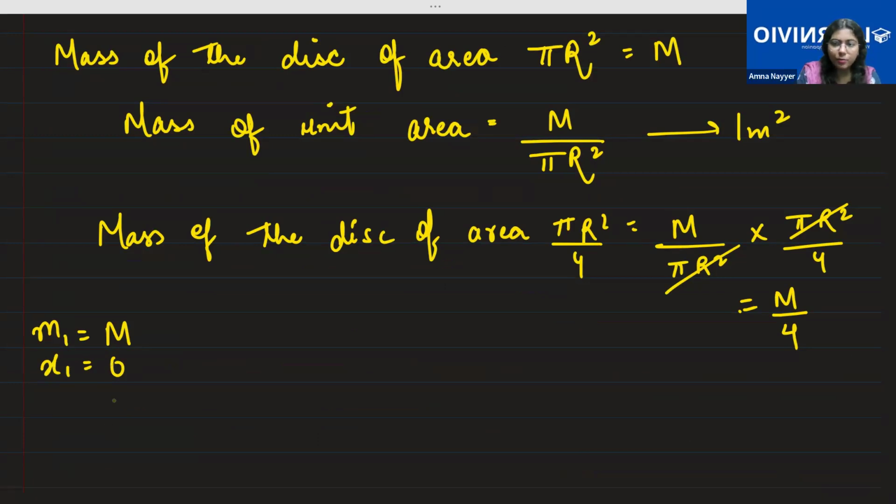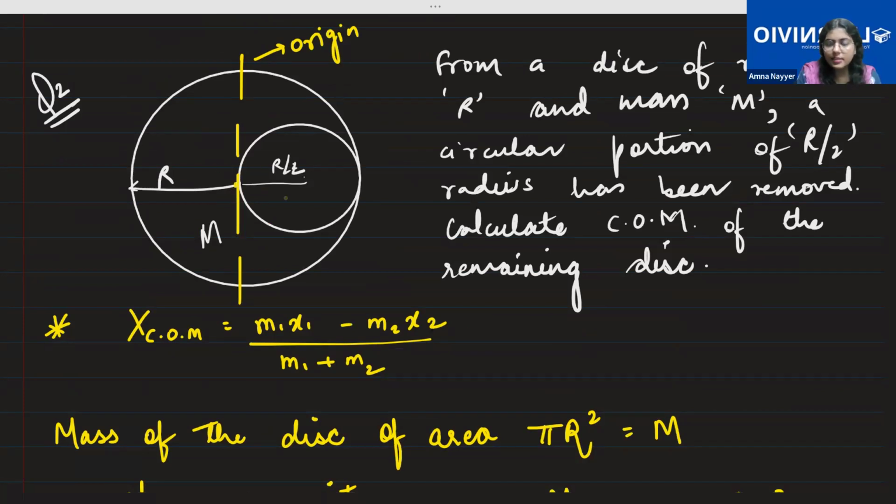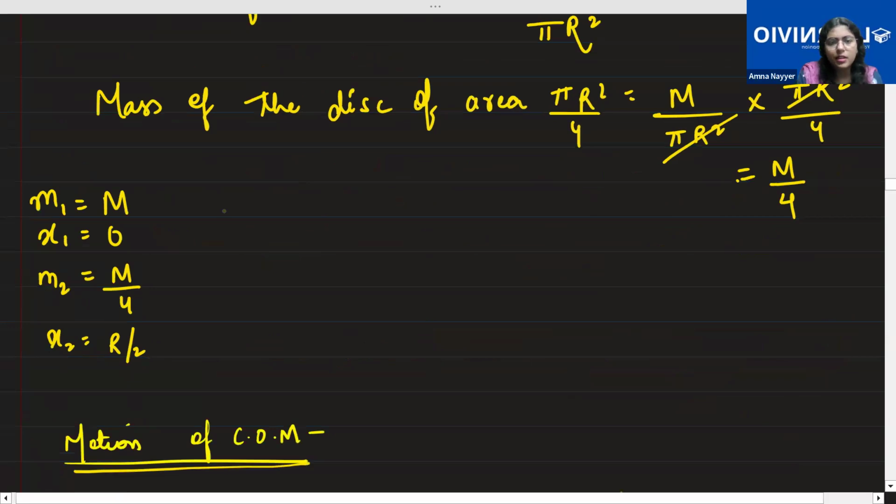Then for the cut disk, the mass is M by 4, and the distance is R by 2 from the origin. Now you have the coordinates. Use it normally to solve your question.